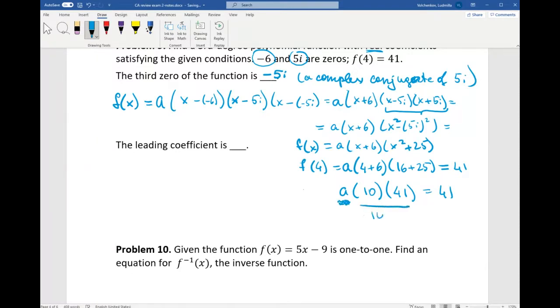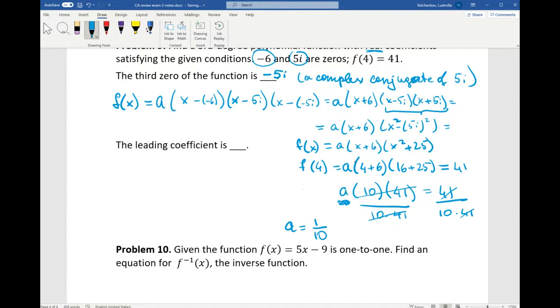We divide by 10 and by 41 on the left and on the right. So on the left, the numbers are both cancelled. On the right, 41 and 41 are cancelled, and we get that a equals 1 over 10.